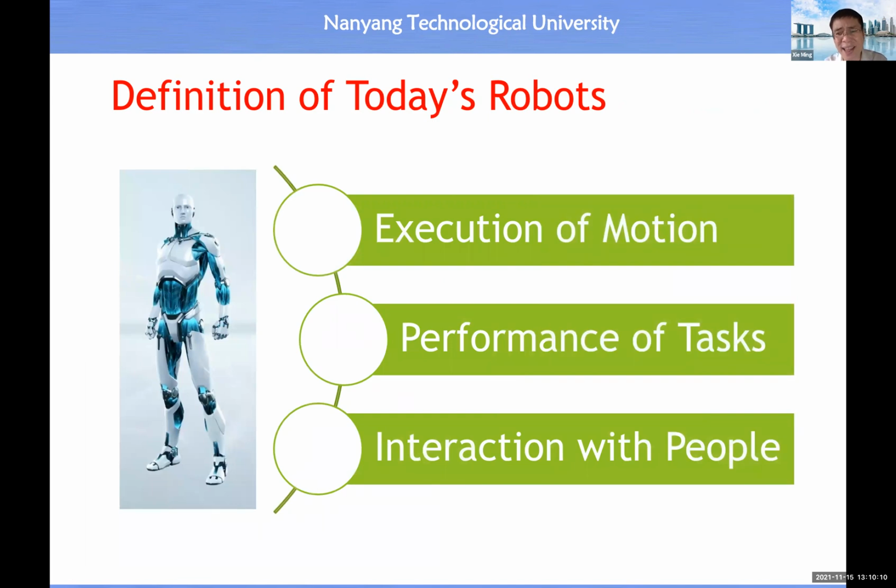And this slide shows you 3 key components which should be included inside the definition of today's robot. The first component is about the ability to execute programmable or reprogrammable motion.